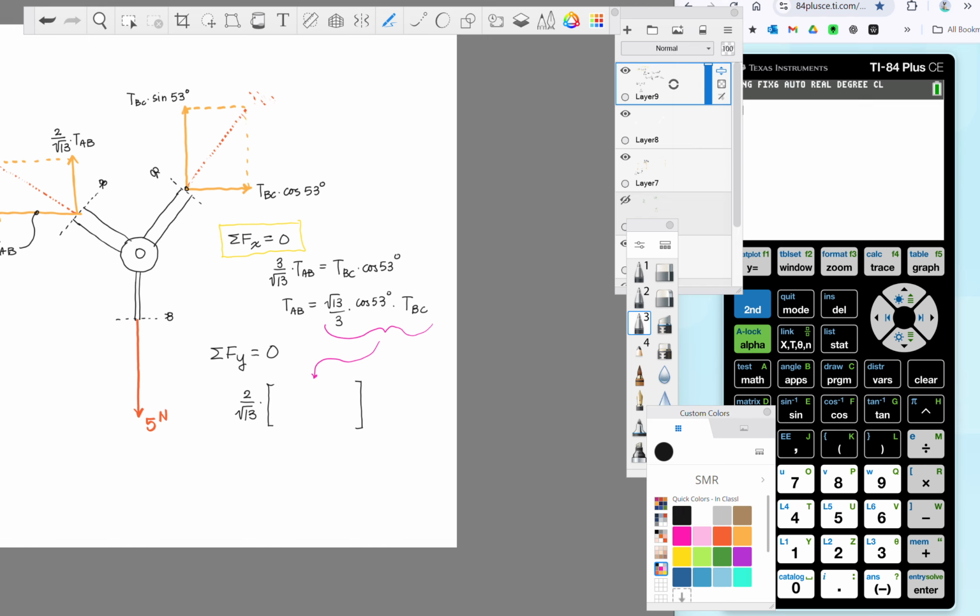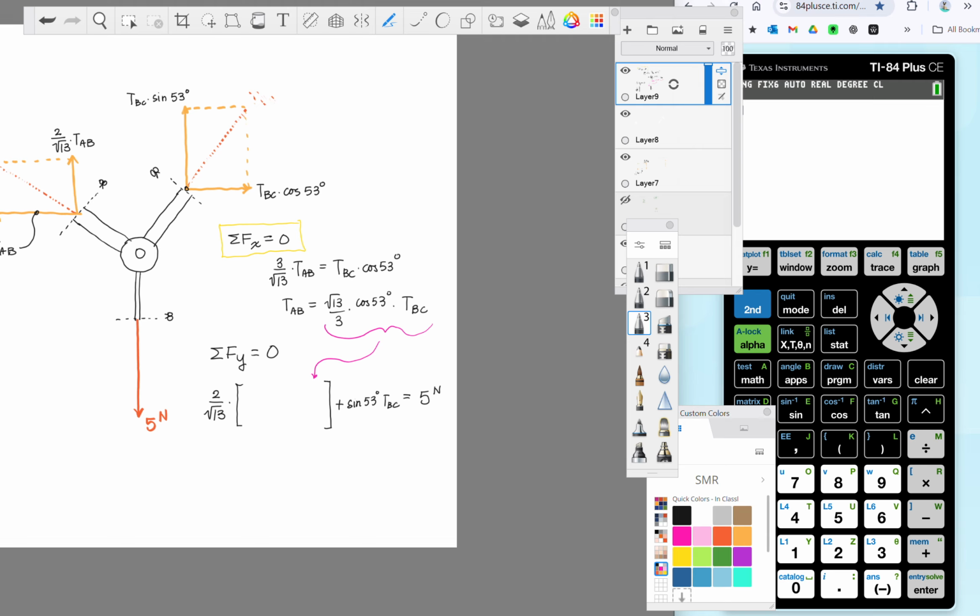But let's finish the equation first. 2 over root 13 times TAB, and then we're going to add sine 53 TBC and set that all equal to 5 newtons.